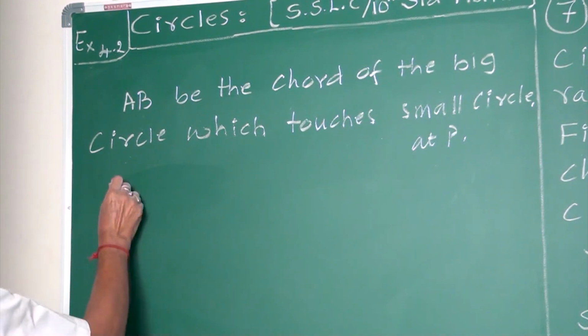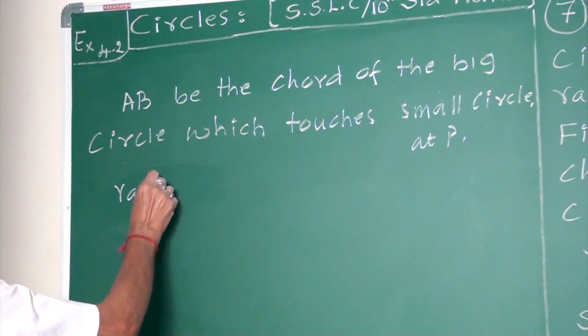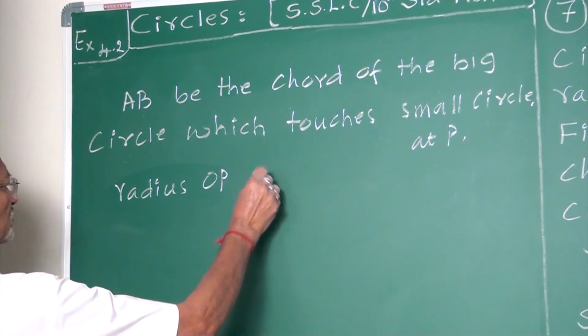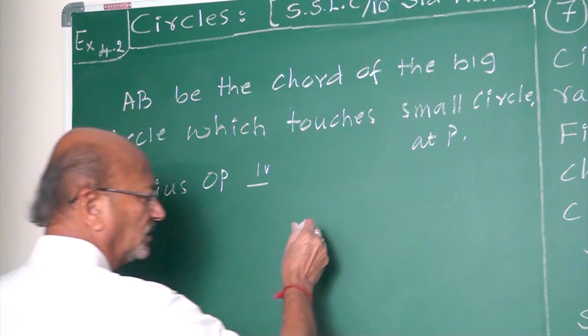Radius OP of the small circle is perpendicular to the tangent.